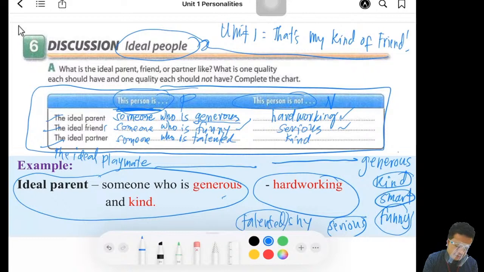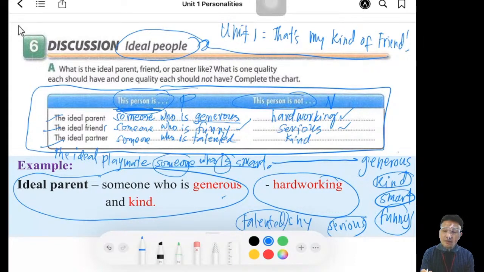So you're going to write here, this person is someone who is smart. So you have here someone, you have your is as your verb, and you also have your smart as the vocabulary word that describes your playmate. However, you need to write also his or her negative personality. So let's try to choose. For example, shy. You write here the word shy.